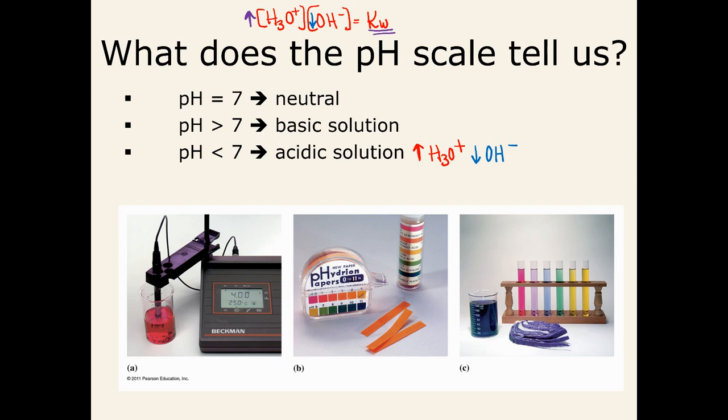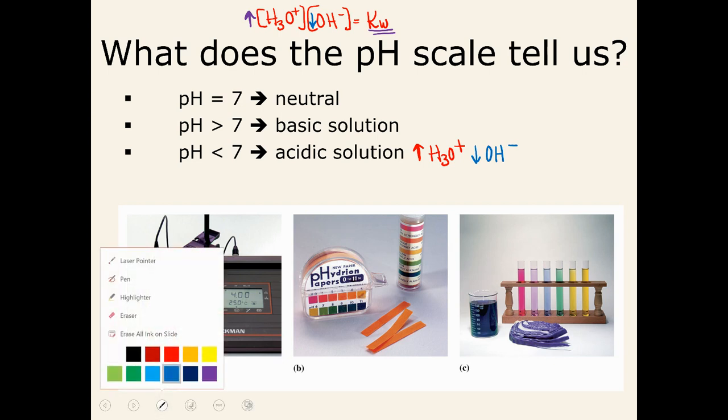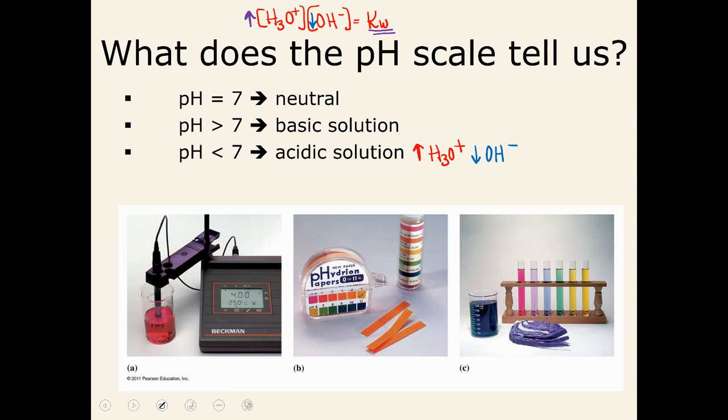Acidic solutions then, if we increase H3O+, what does that do with taking the negative log of that? What it's going to do is we're going to see a decrease in the value of pH. So making H3O+ bigger will decrease the pH because of the negative log expression.